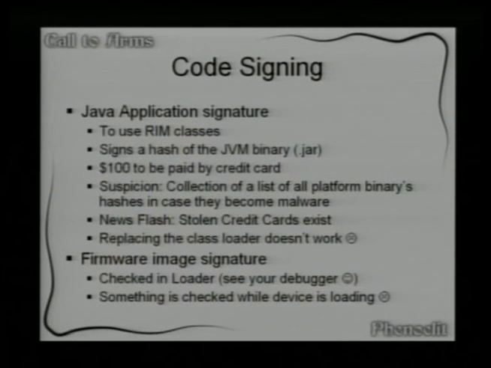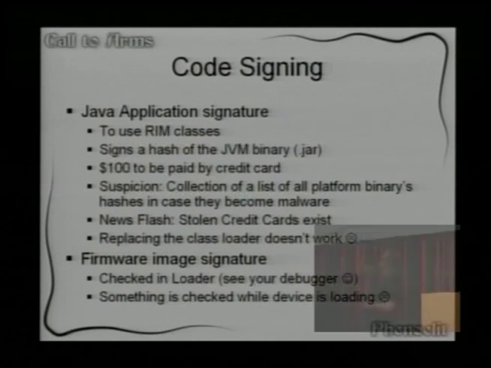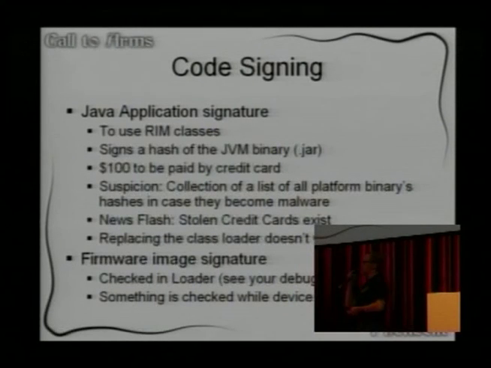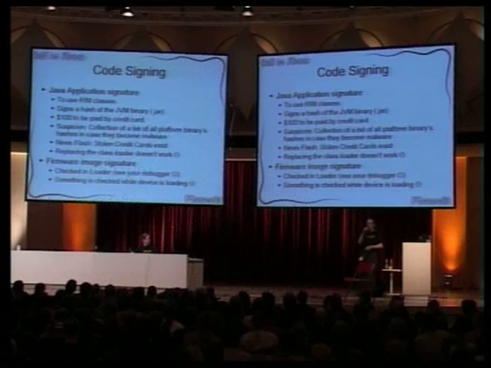So here's the code signing deal. To actually get RIM classes to work on a real device, you have to get a signature from RIM. What they sign is a hash of the JVM binary, which is SHA-1, I think.